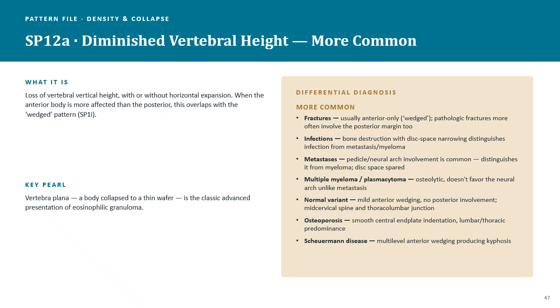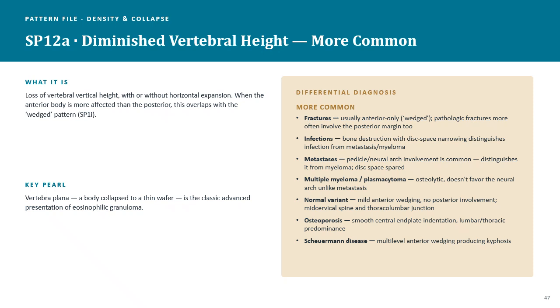Scheuermann's disease can also cause a decrease in vertebral body height, but instead of just one vertebra suddenly collapsing, we typically see anterior wedging of a few or several vertebrae. When we see this, it can contribute to or cause the patient to have kyphosis, basically that humpback appearance that we talked about earlier.